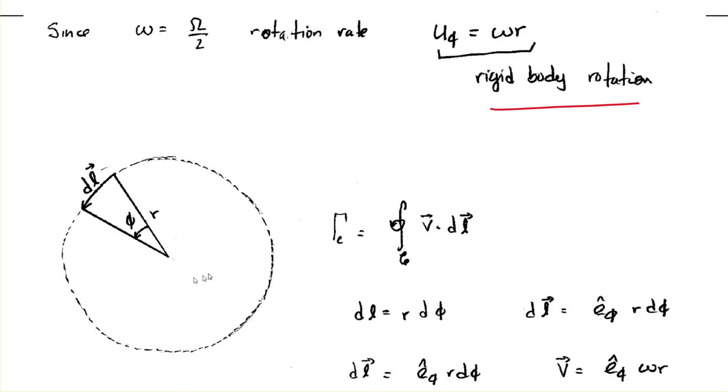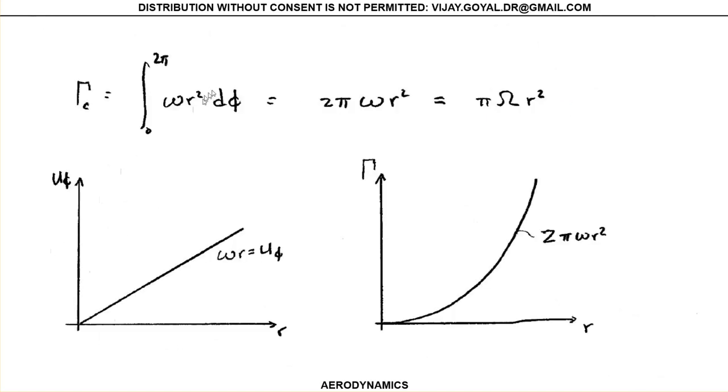So this could be a sphere, for example, or a cylinder. So what we are saying here, if you just apply all this, your V is actually equal to this. And then I just replace all the values. You find that your total rotation is actually equal to pi omega r squared.